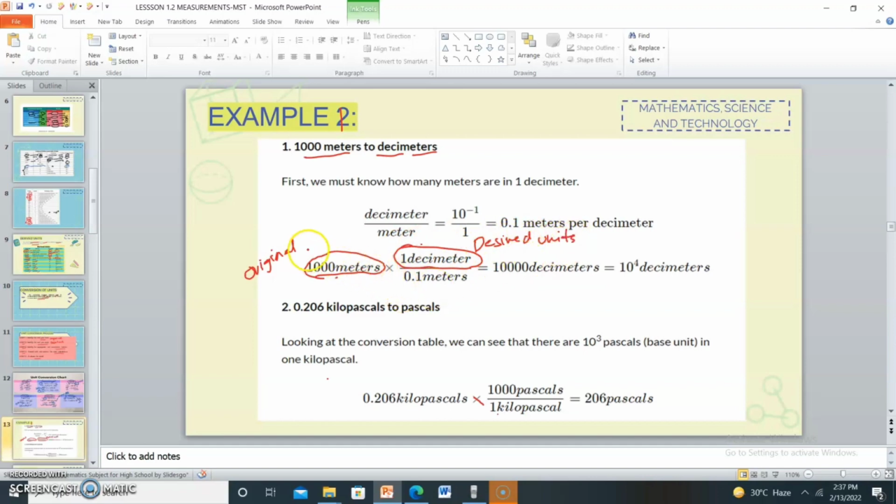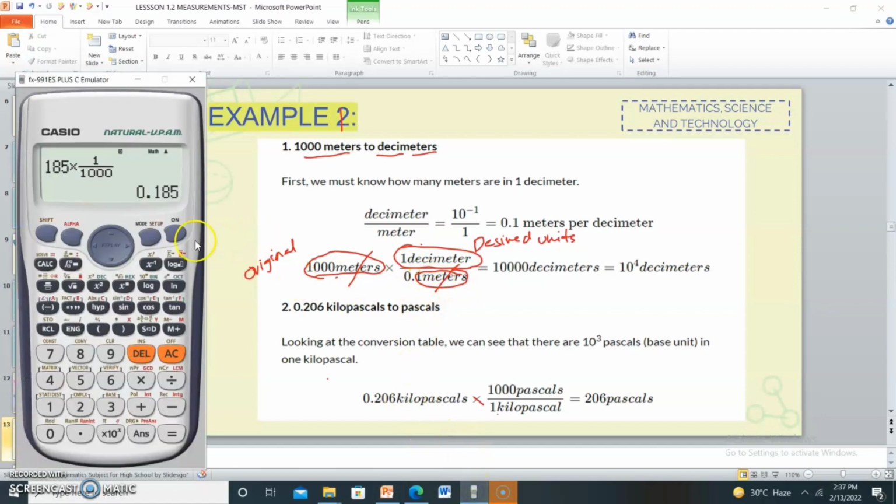Make sure the original unit is at the bottom so that it can be cancelled out. So, 1,000 times 1 over 0.1. Check on the calculator: 1,000 times 1 over 0.1 is 10,000 decimeters or 10 raised to 4 decimeters.